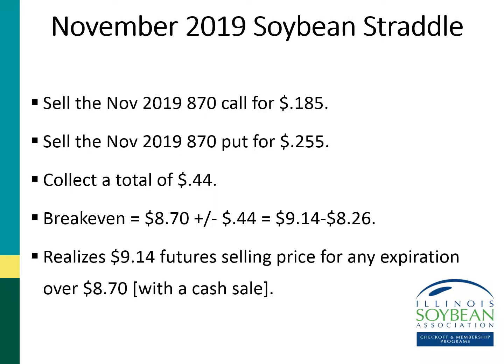And that math works for any expiration: $8.71, $8.75, $9, $10, $11, you name it, whatever that price is, the gain or loss on that call and the combination of the cash sale gets you $9.14, no matter what.